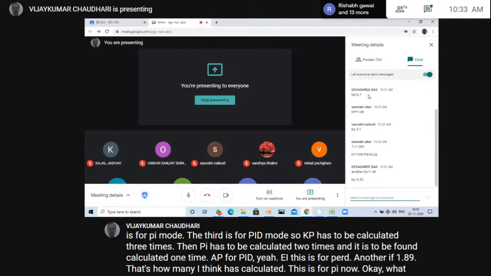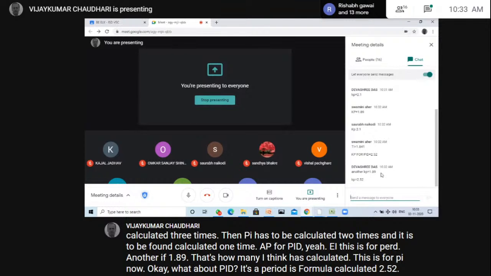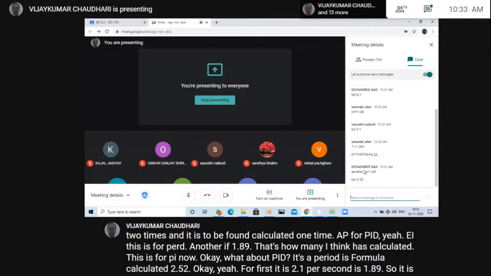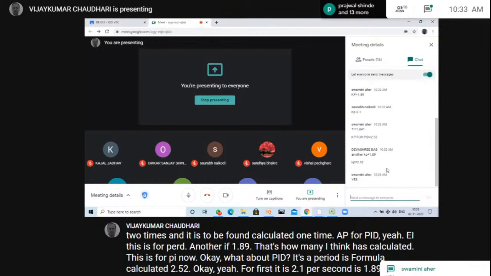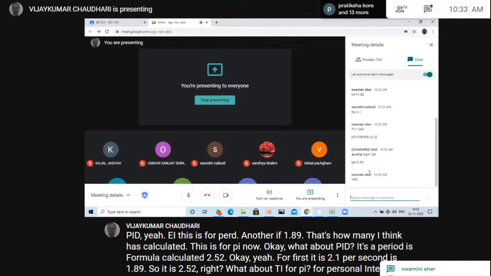For first it is 2.1, for second it is 1.89, third it is 2.52. Right. What about Ti for PI, proportional plus integral? Ti is it 1.841? And Ti for PID?